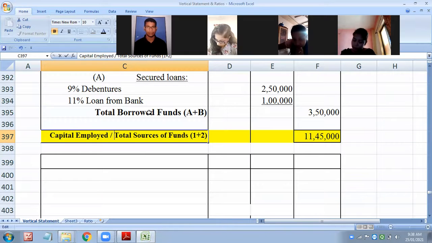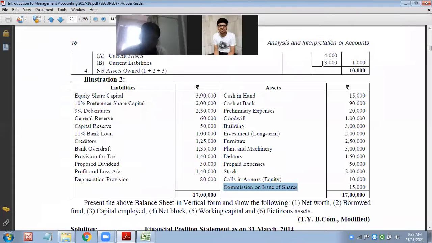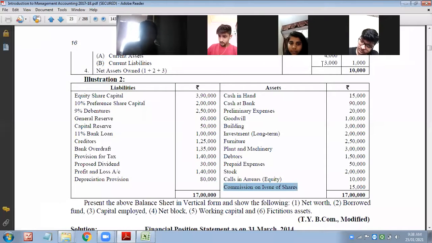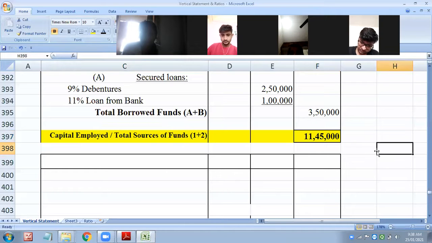Why am I writing this? Because these are your questions to be raised below your balance sheet. Okay? Getting everyone? Now I will take the asset side, application of fund. And that will be literally the same value as what we had just now. Okay?